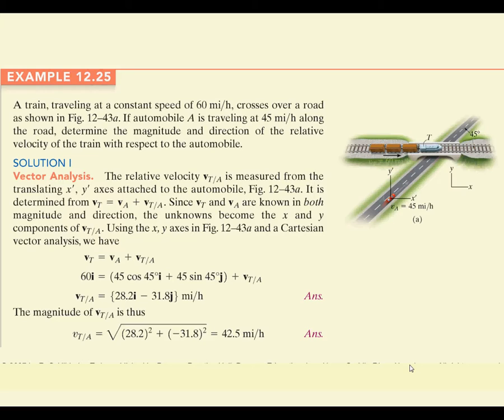So if you use x and y axis and the Cartesian vector analysis, we have the velocity of the train, v of t, is the velocity of a plus the velocity of t with respect to a.